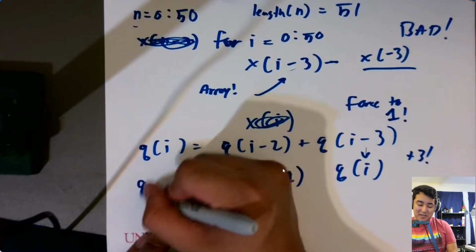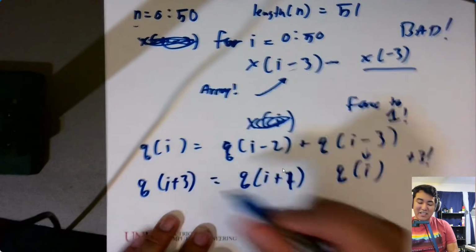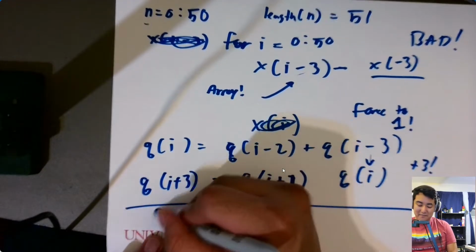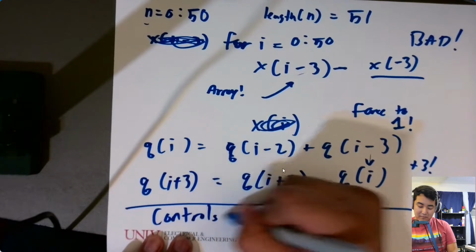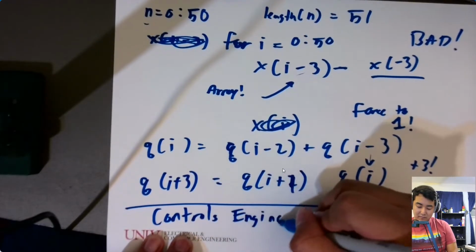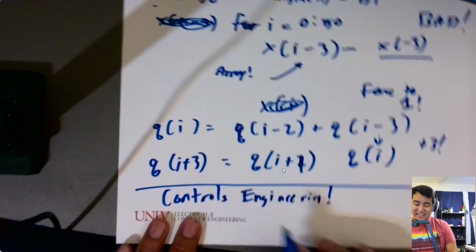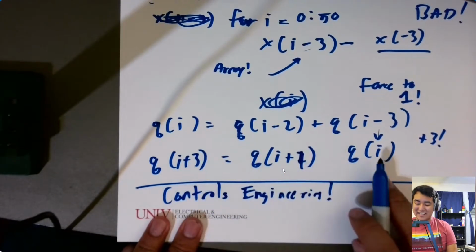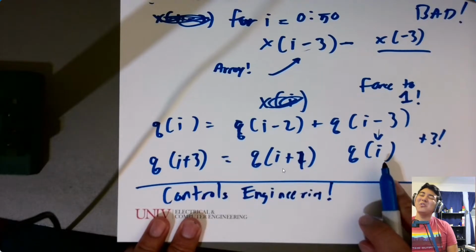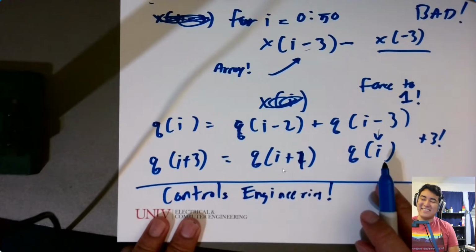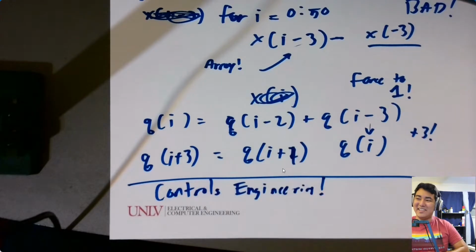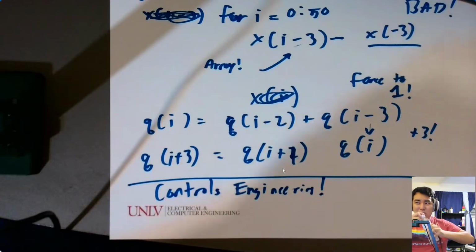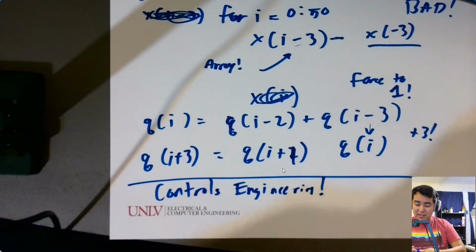Which is equal to q of i plus 3. You can do this, but this is the controls way. And controls people don't like negatives. They like positives. They like looking at these numbers. You could do this, but I don't like this. I'm a DSP engineer. I like digital signal processing. We're going to call this option 1.